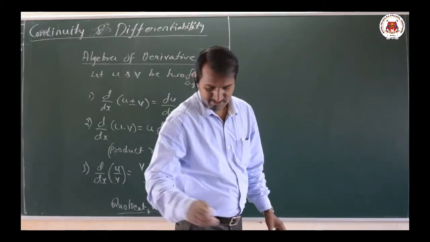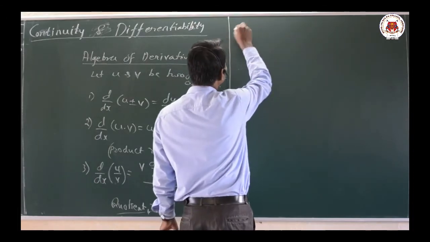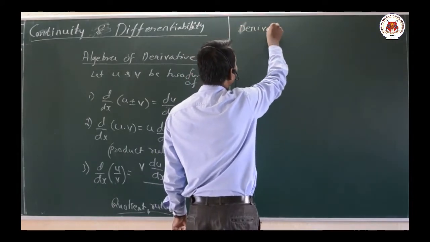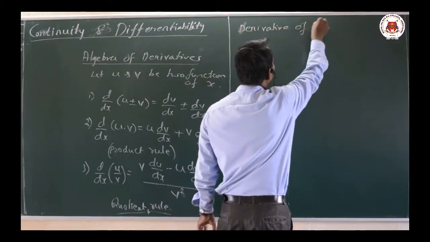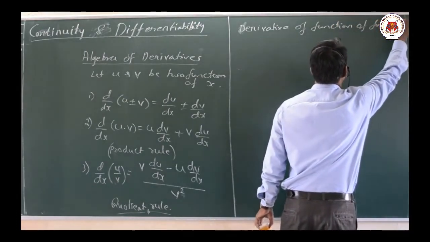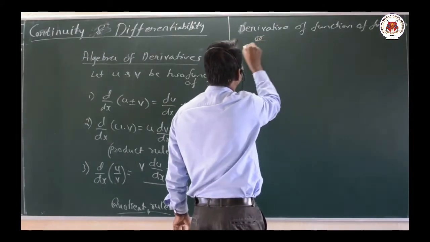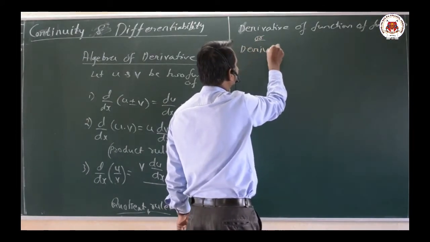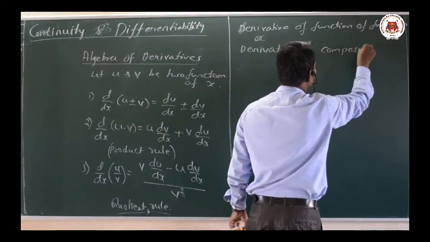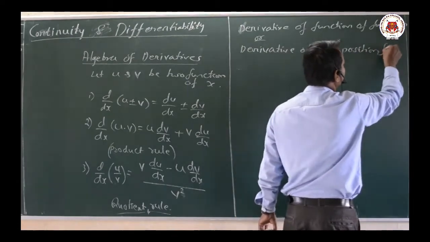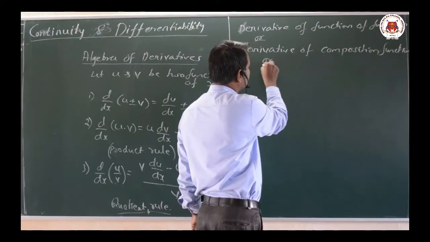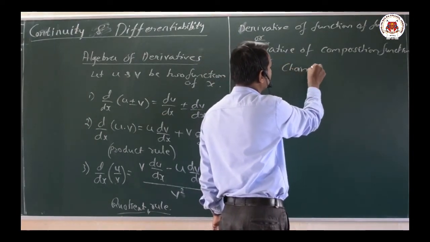The first basic thing is differentiation, the derivative of a function of functions, or it is also called the derivative of a composition function, or the chain rule.